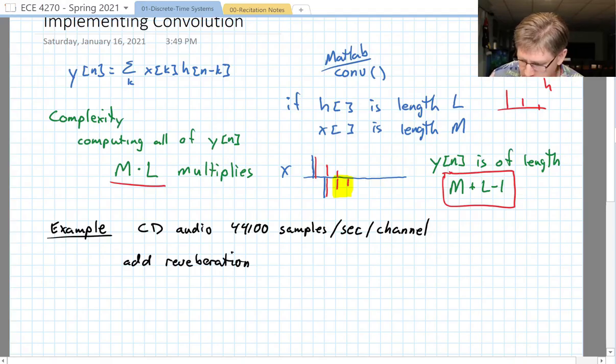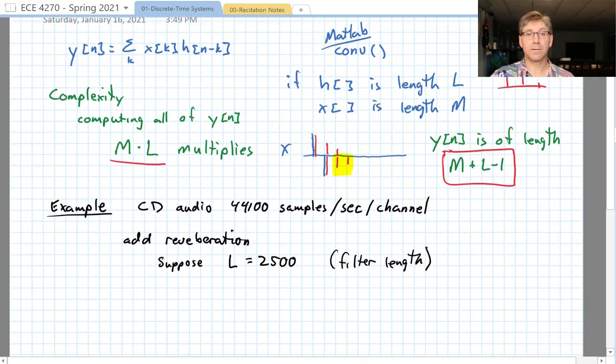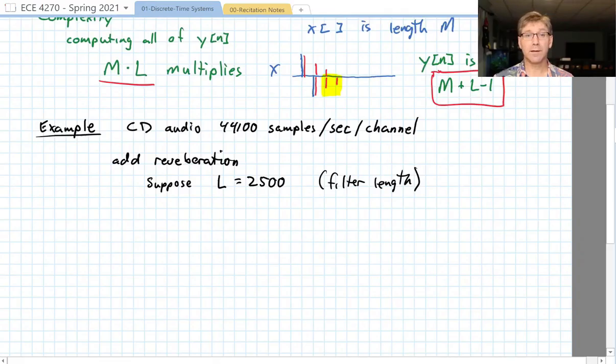We recorded ourselves singing in the shower, and now we want to see what it sounds like if we had actually been singing in a cathedral. So, suppose L is equal to 2500. That's our filter length. Then each sample is going to require 2500 multiplies.